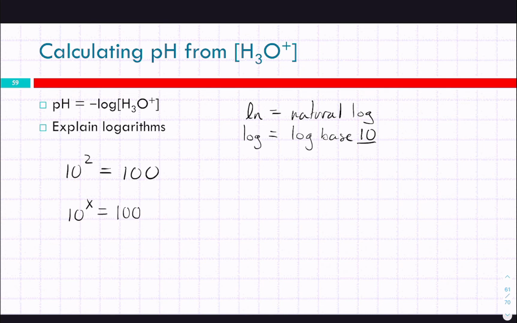It solves this problem: 10 to the what equals 100? So x equals 2. Written out as a logarithm, this would be log base 10 of 100 equals 2.